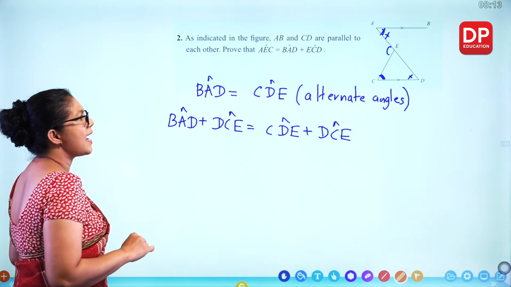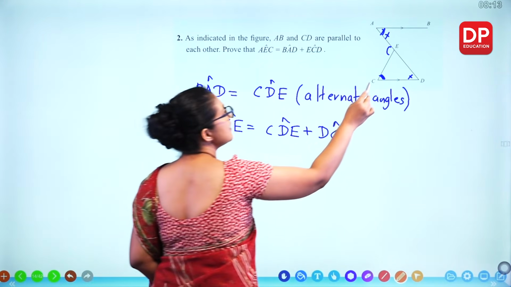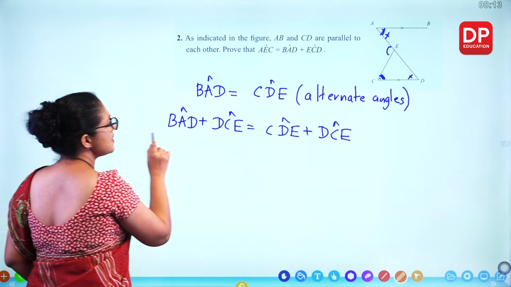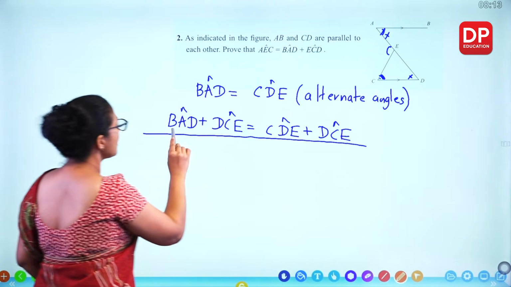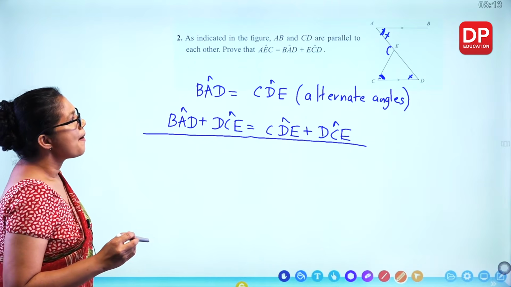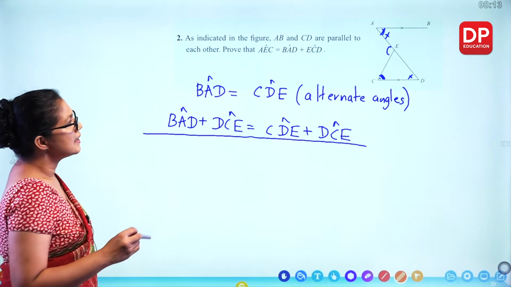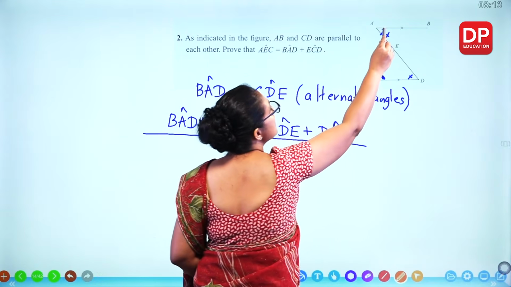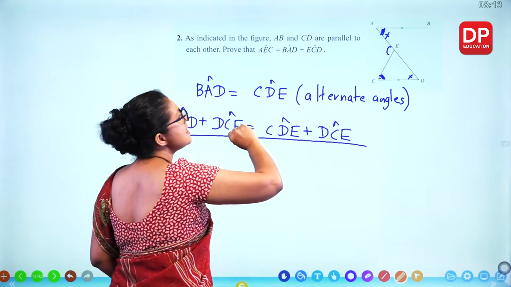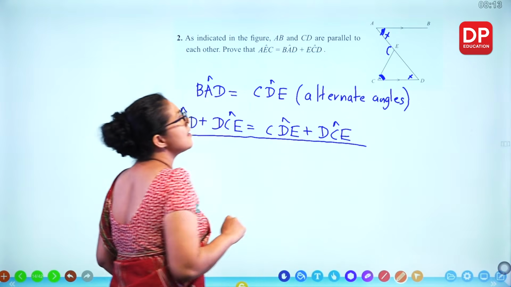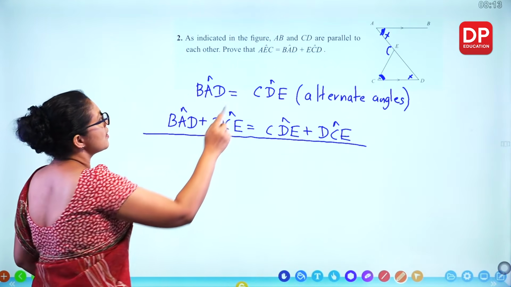What happens when I add this angle to both of these? BAD plus this one, BAD plus DCE is equal to, can you see?